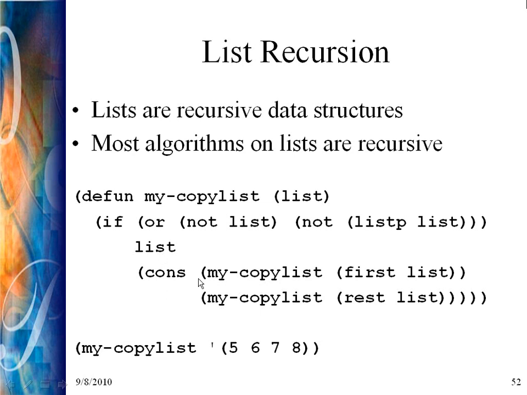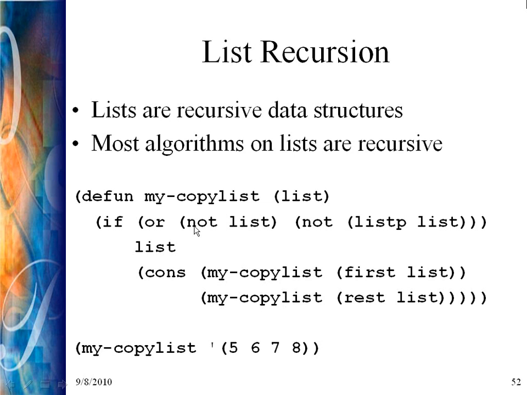Otherwise, cons means create a list made up of these two elements. Cons, my copy list of the first element, and my copy list of the rest. So we're applying this to the list 5, 6, 7, 8.